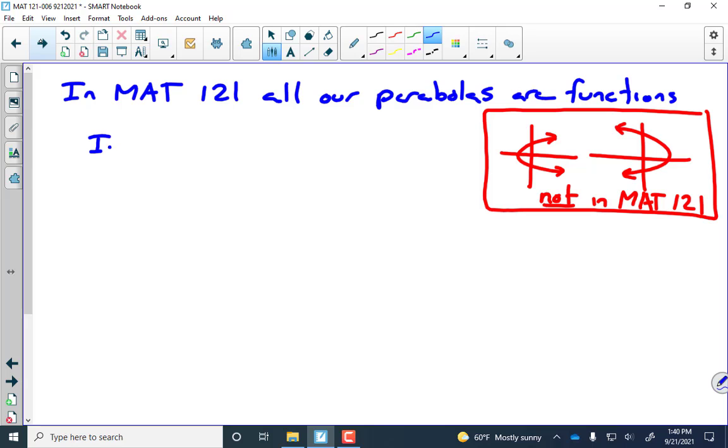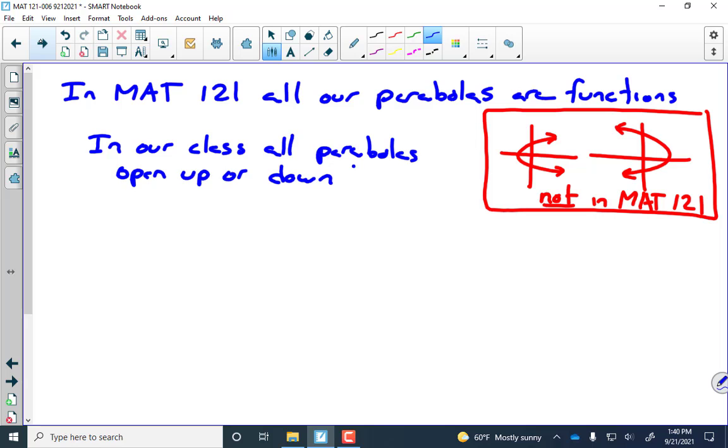So in our class, all parabolas open up or down. They all do. And once again, all have domain negative infinity to infinity.